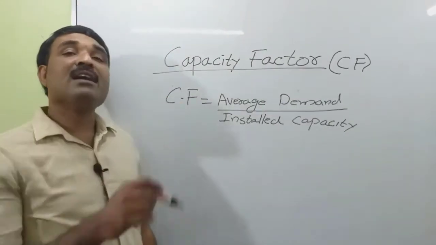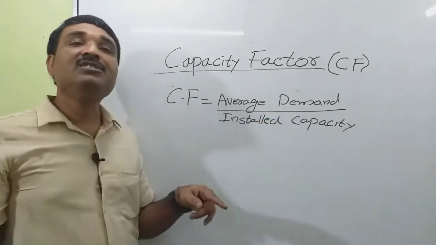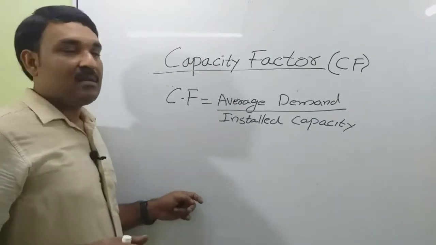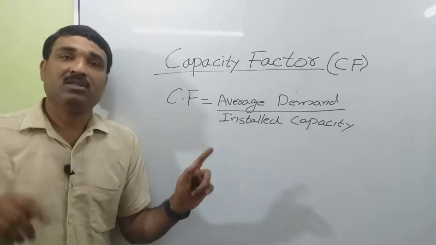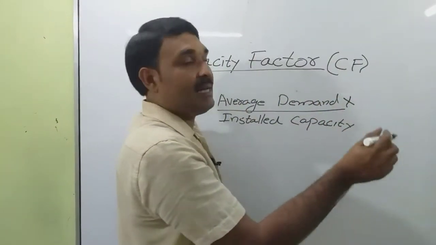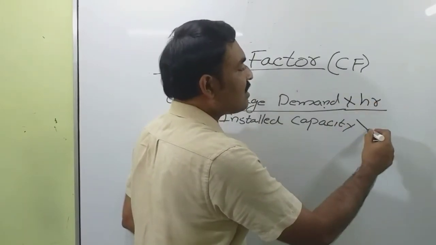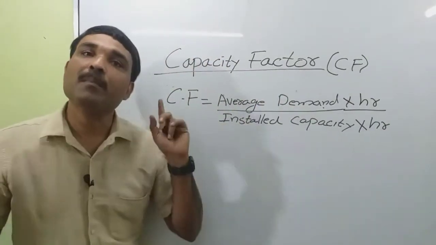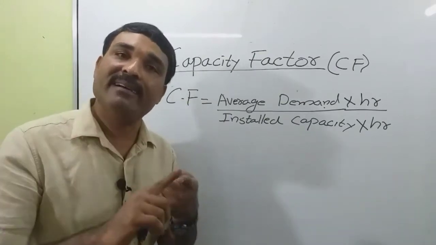Now capacity factor. It is defined as the ratio of average demand to installed capacity. So capacity factor is equal to average demand divided by installed capacity. Suppose I multiply the numerator and denominator by time, that is average demand into hour and installed capacity into hour. Average demand into hour means actual energy produced or generated.